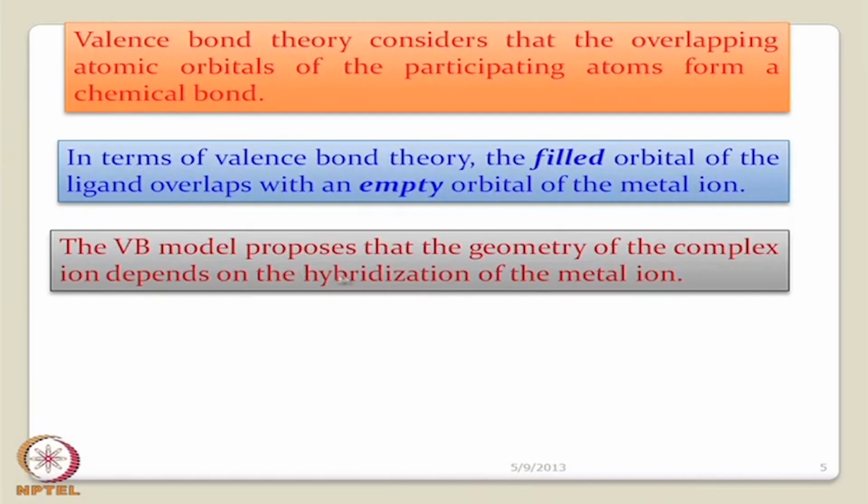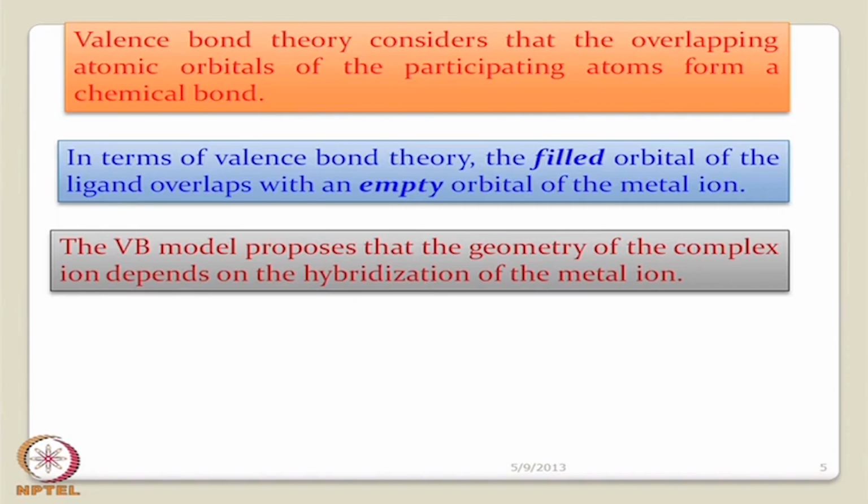So the valence bond model proposes that the geometry of the complex ion depends on the hybridization of the metal ion. Linus Pauling proposed different types of hybridizations, and depending upon the type, whether it is sp3, dsp2, d2sp2 or d2sp3, we can have different geometries for the metal complexes.